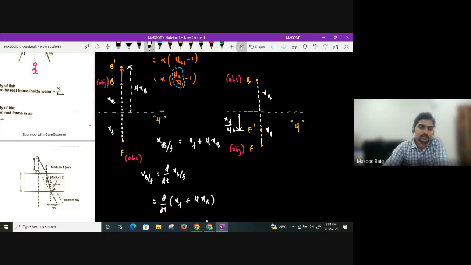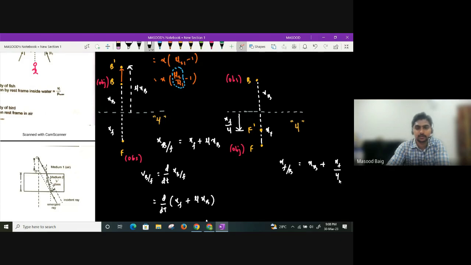If the bird is observing, what is the distance of the fish with respect to the bird? From here to here, how much? xb plus, is the fish going to be present here or not? What will I write? xf by mu. Is this clear, all of you?